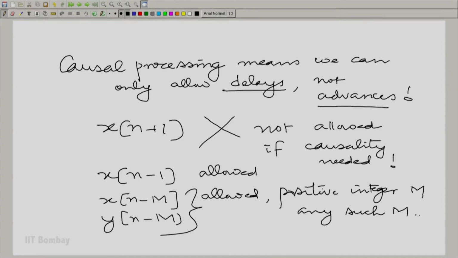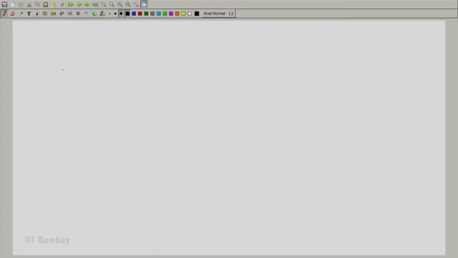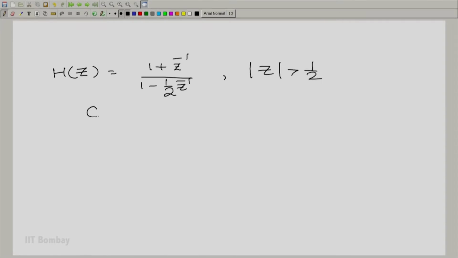So, therefore, if we go back to the system function, H of z is 1 plus z inverse divided by 1 minus half z inverse with mod z greater than half, we can see it is both causal and stable, and we can realize it by expanding the z transform.